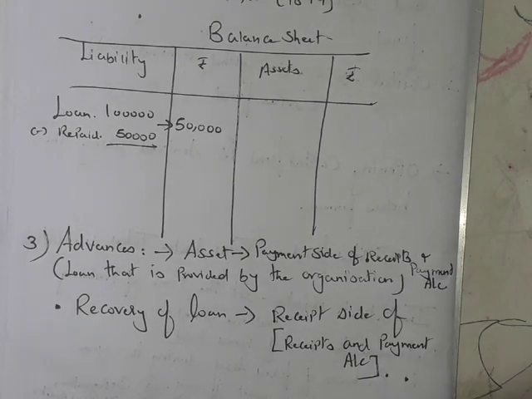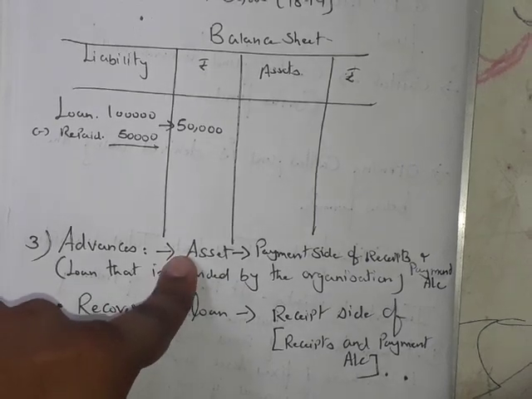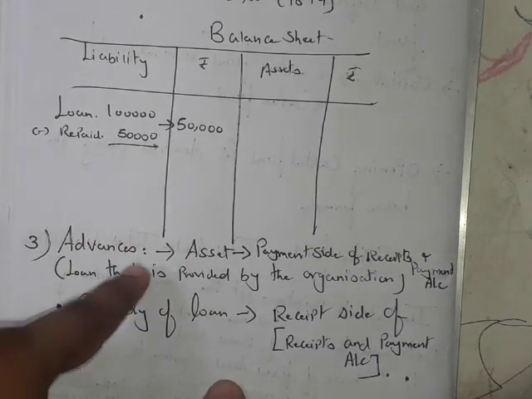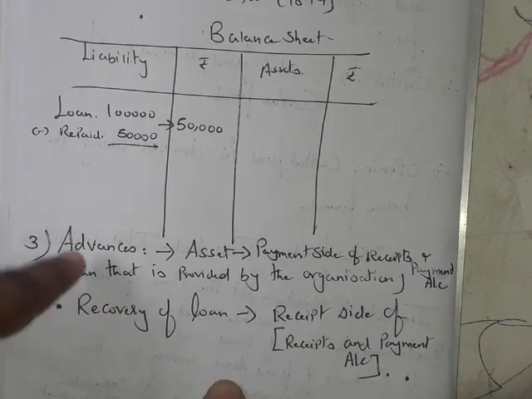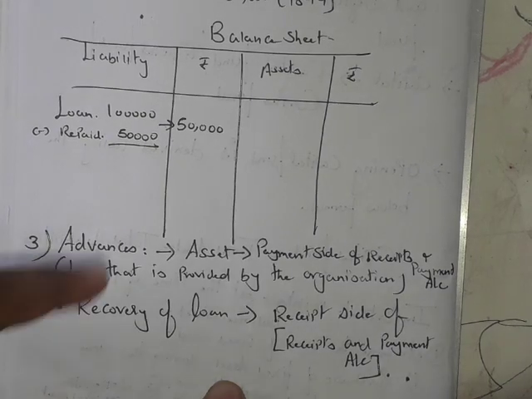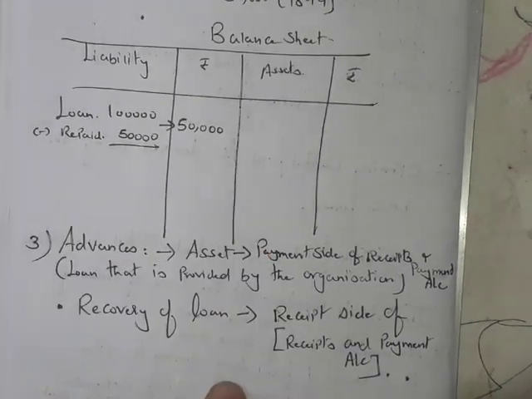Now this advance will be an asset to that particular organization. Whenever an NPO makes any advances, it is nothing but a loan that has been provided by the organization, and that will be considered as an asset to that organization.